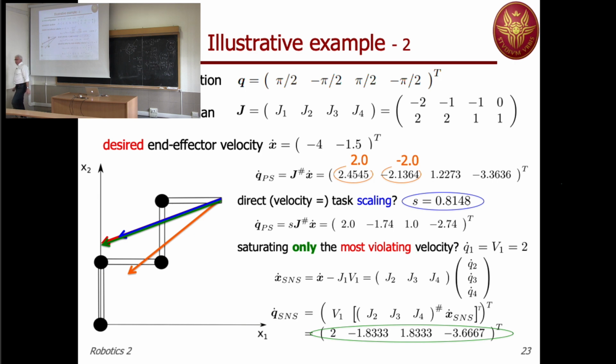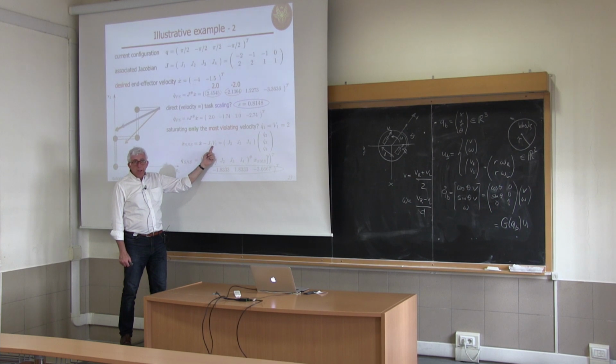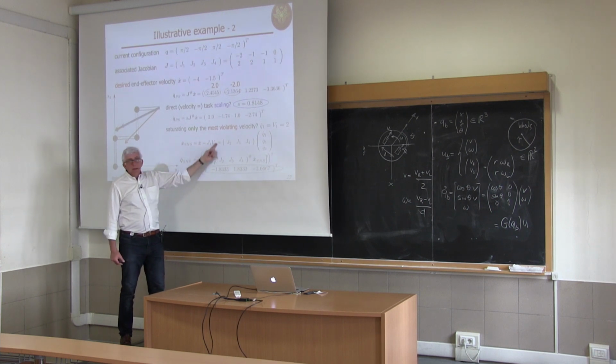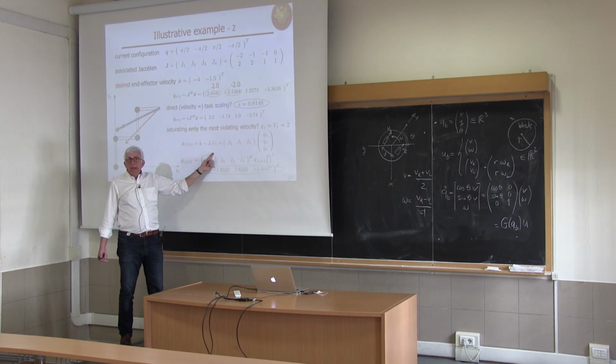And we fix this. And now the remaining joint velocity needs to be recomputed because we have to take into account that joint 1 is now saturating at 2 radians per second. So it's contributing to the original task with J1 times q1 dot, which is equal to V1 dot. So the original task is partly done by this action, which is now chosen.